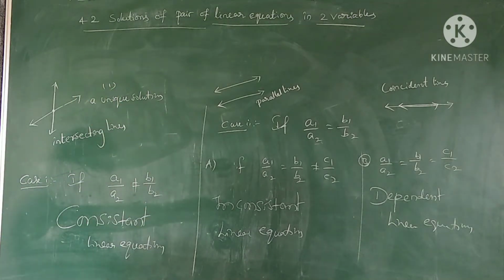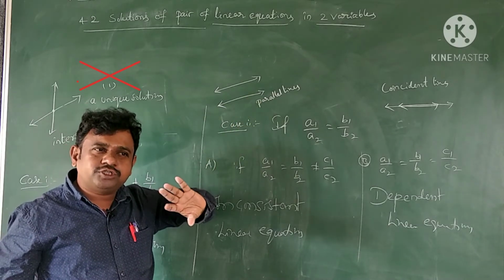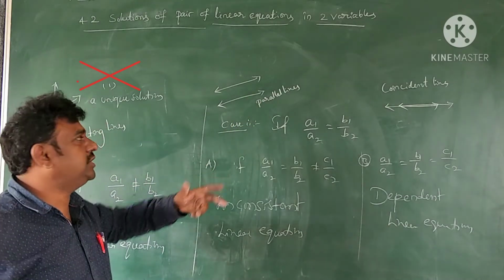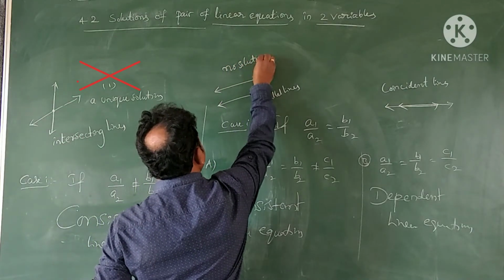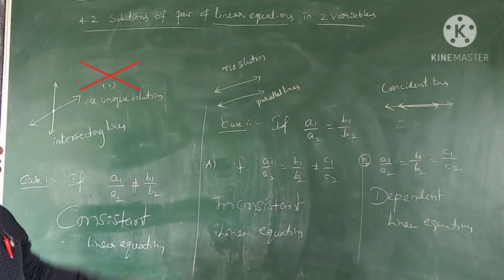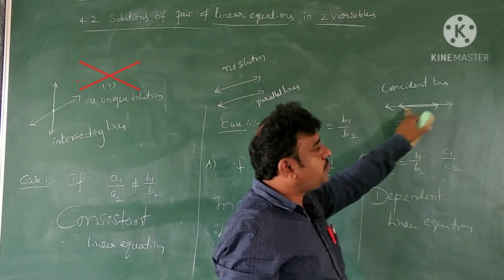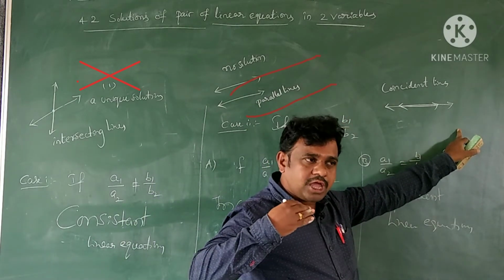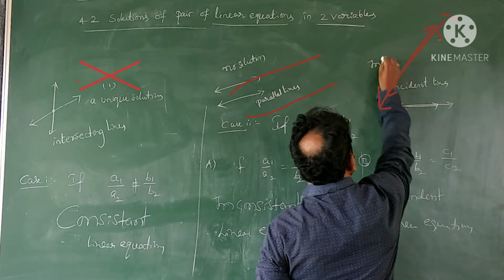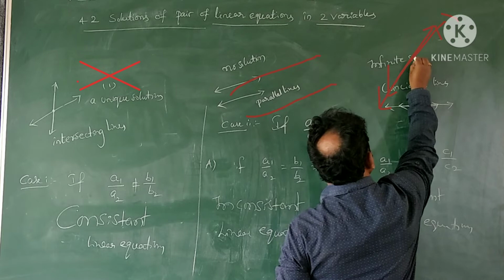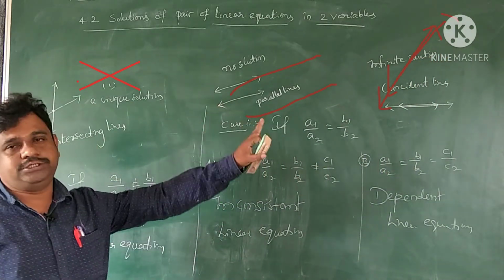These two lines do not touch each other, so this has no solution. This is also called a system of linear equations. This pair has no solution. These are coincident lines. They intersect everywhere, so it has infinite solutions. This pair has infinite solutions.